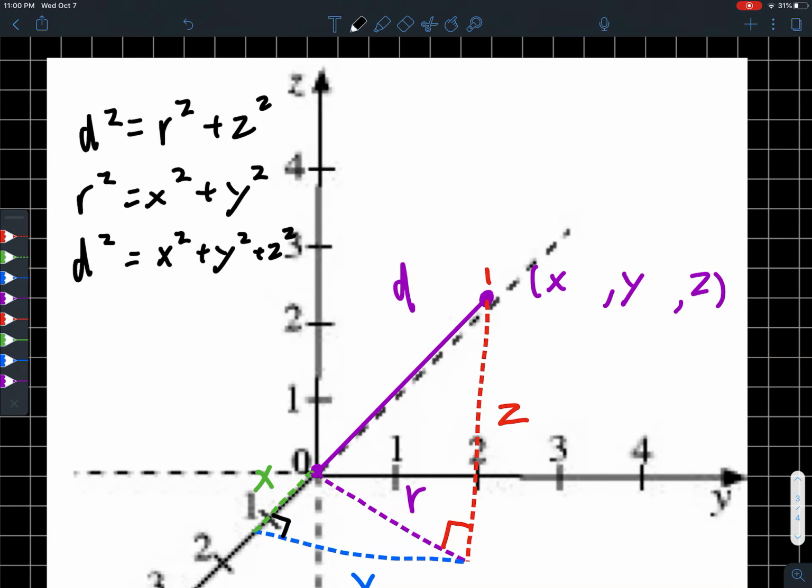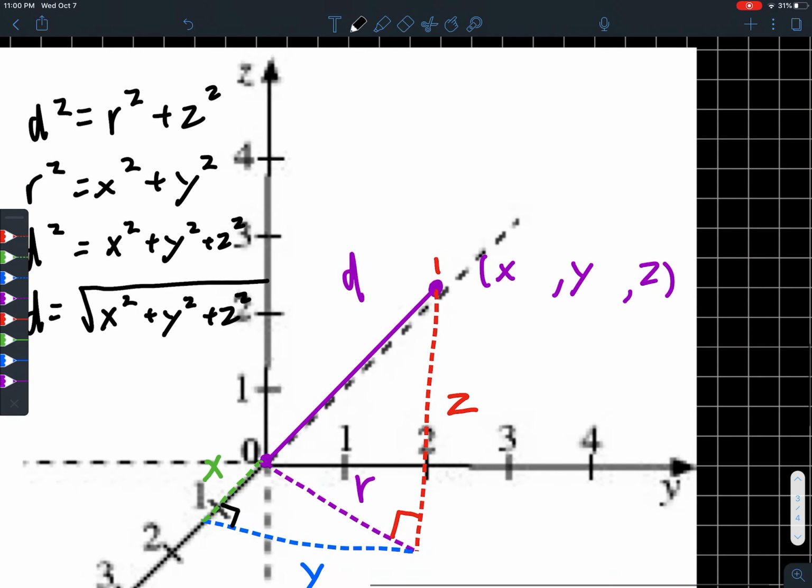We're just plugging x squared plus y squared in for r squared. And we get that the distance equals the square root of x squared plus y squared plus z squared.